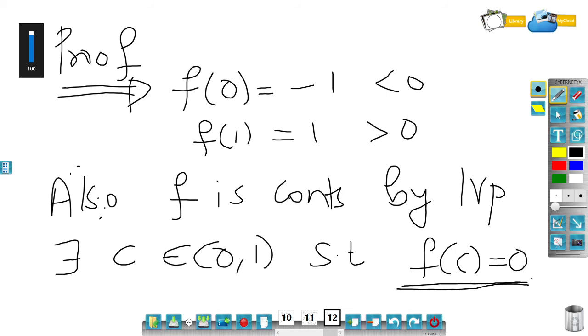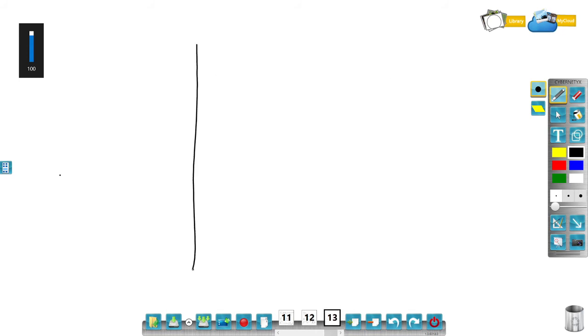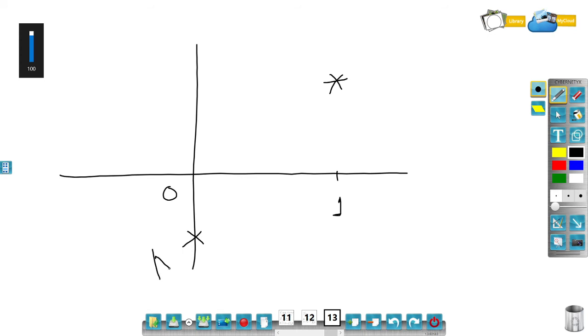Because if I draw this, here it is 0, here it is 1, f at 0 is minus 1, here f at 1 is plus 1. So you need to join these 2 points.